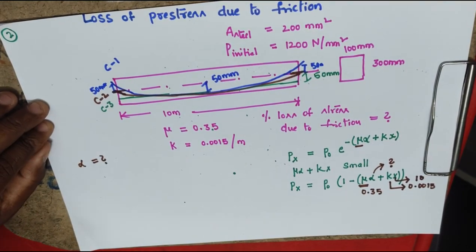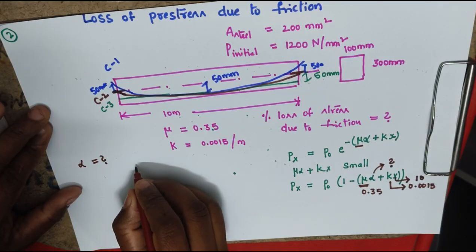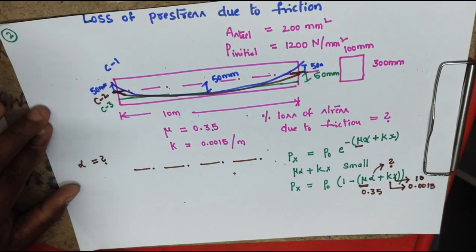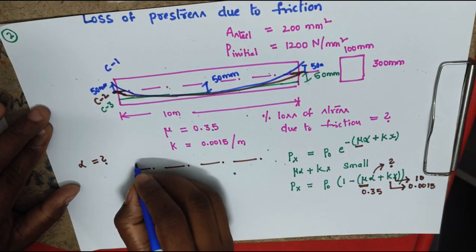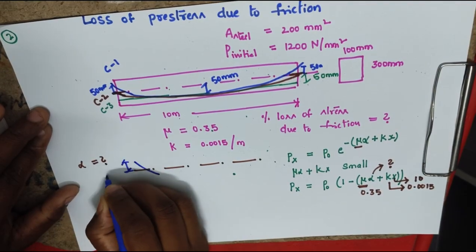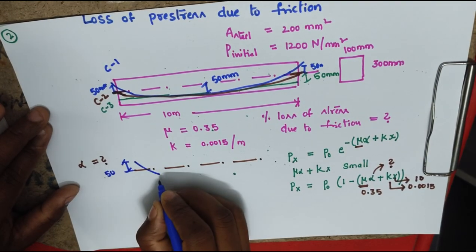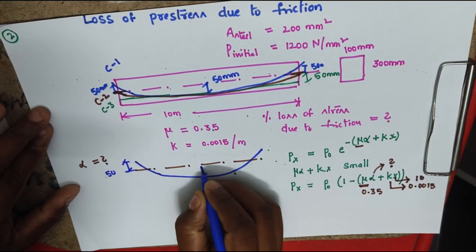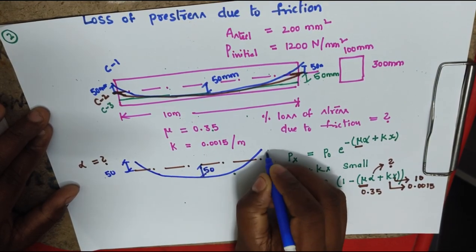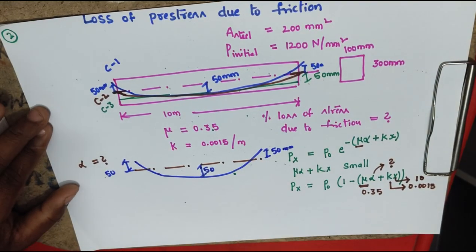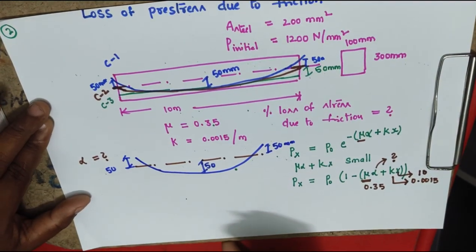Alpha value, see, cable 1, this is the central axis. Cable 1 is having an eccentricity at ends 50 and at center 50. This is cable 1, right?